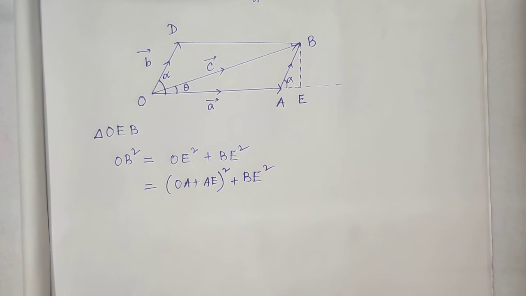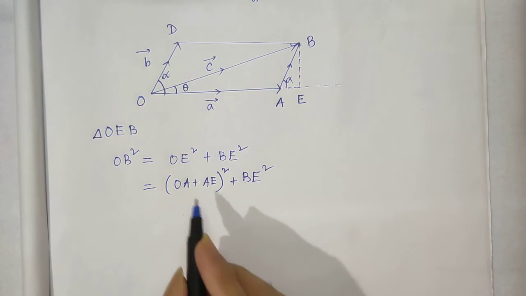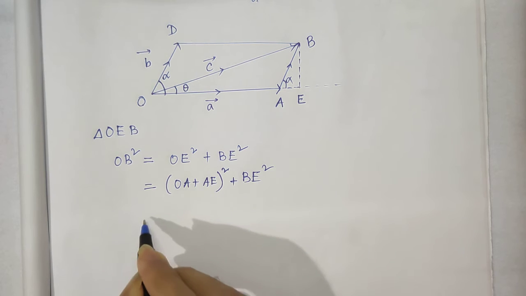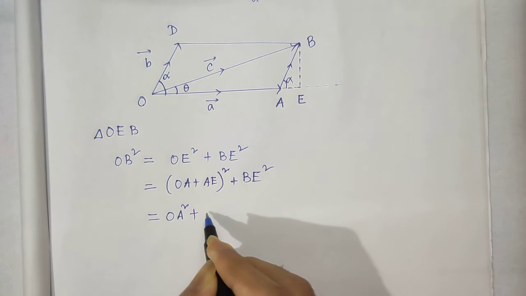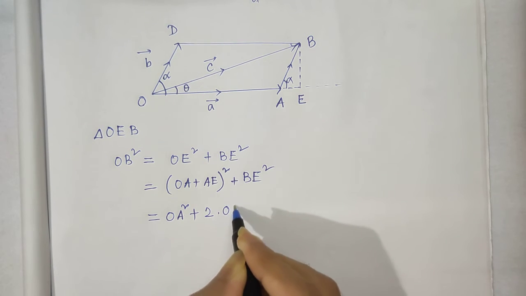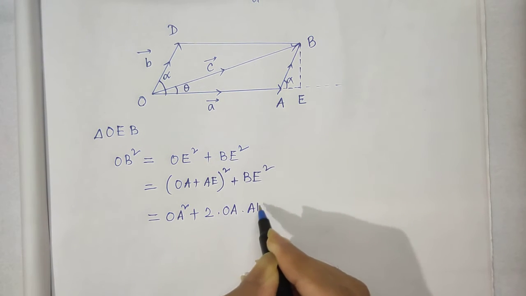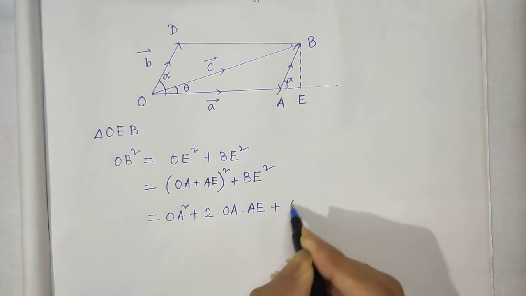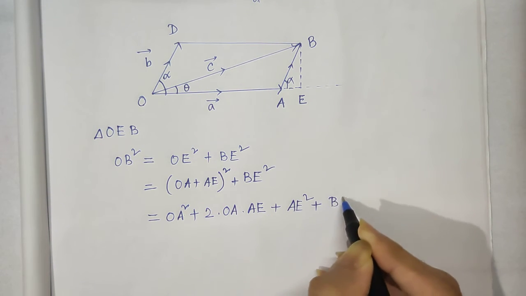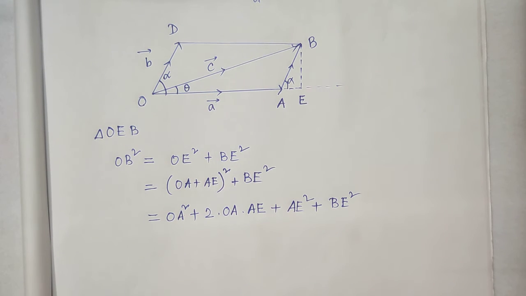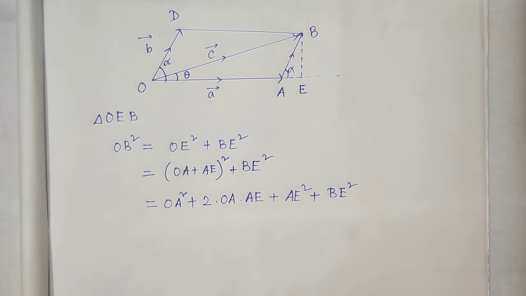Okay. Now we have to expand this. So, OA square plus 2 into OA into AE plus AE square plus BE square. Okay.